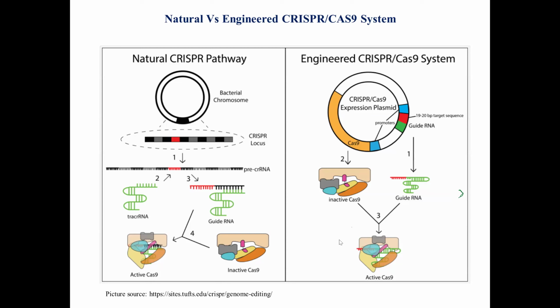The advantage of Cas9 mRNA is that it will be able to express into protein much more easily, because when you put in a plasmid, sometimes promoter incompatibility will be there. Sometimes the expression is not guaranteed. Even though it's a human cell, in different cells the expression will be different.